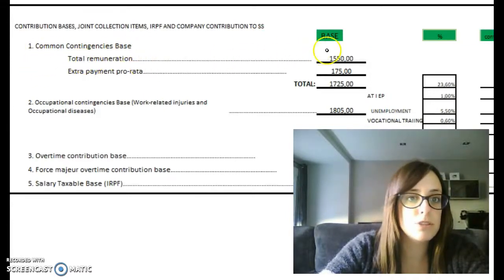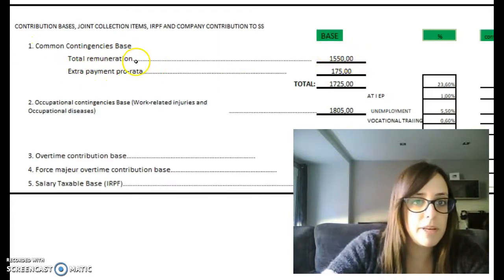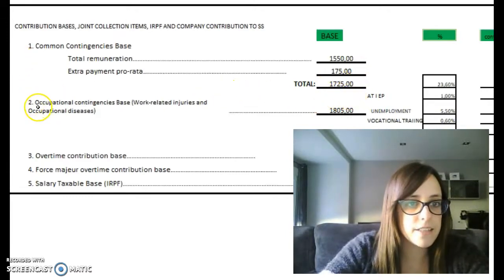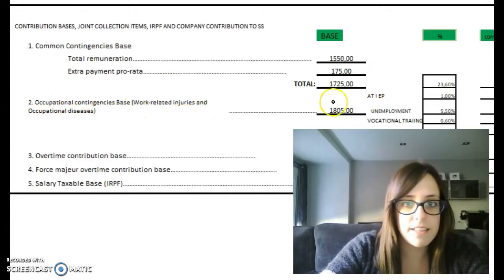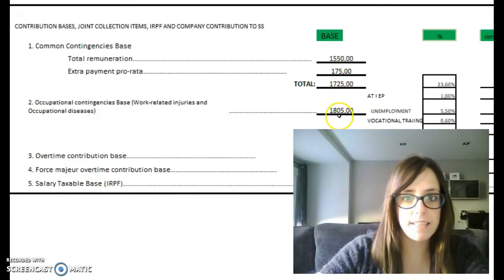The total remuneration we have 1550, the extra payment pro rata we have 175, and the result is 1725. And the second, we have occupational contingencies basis. That the result is 1805 euros.